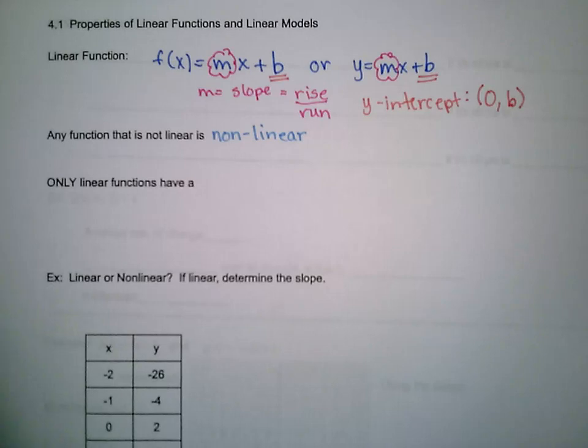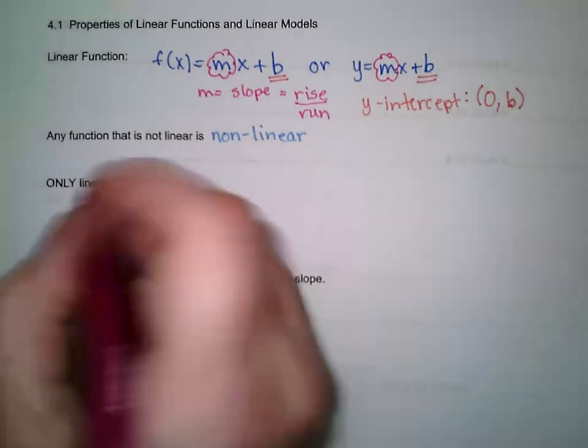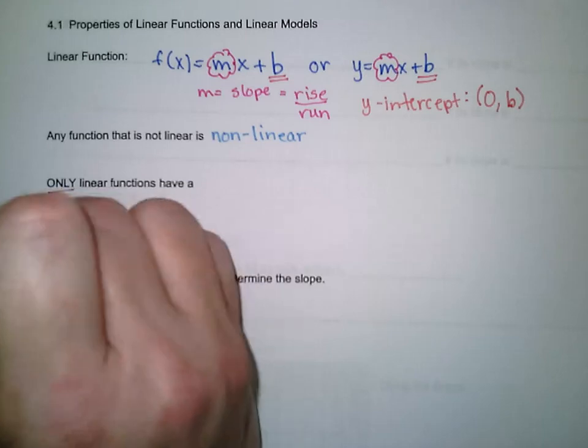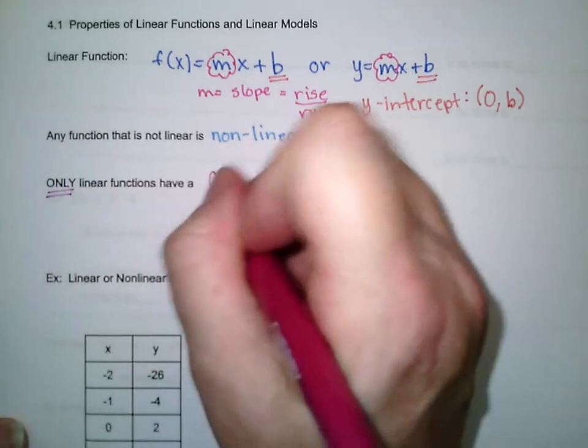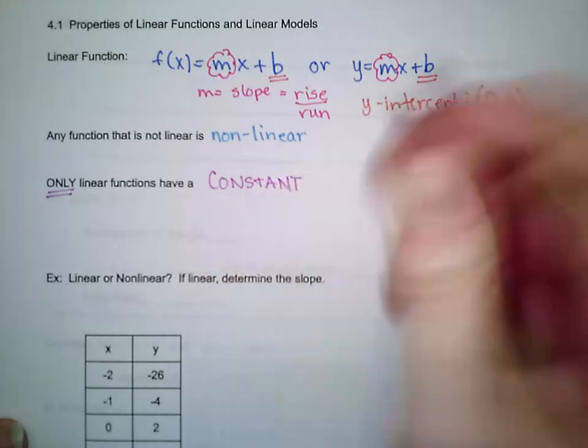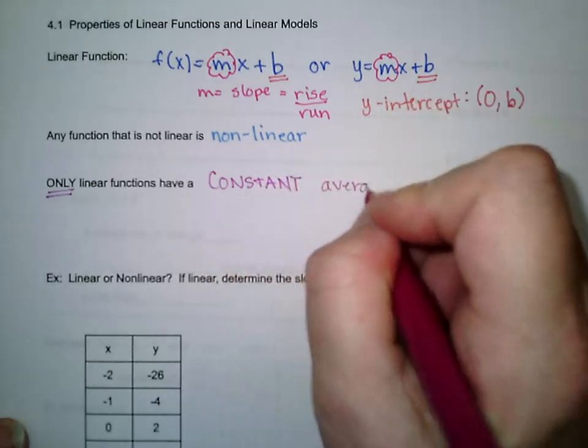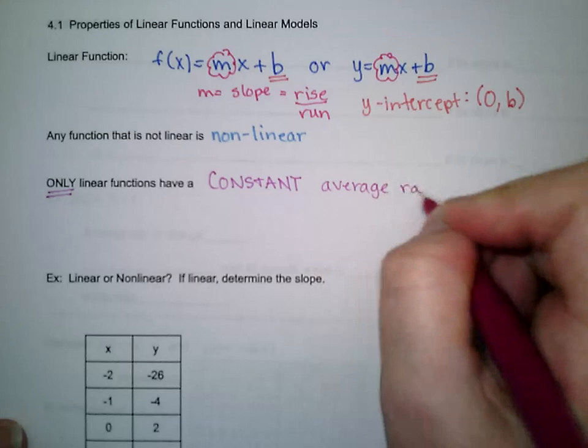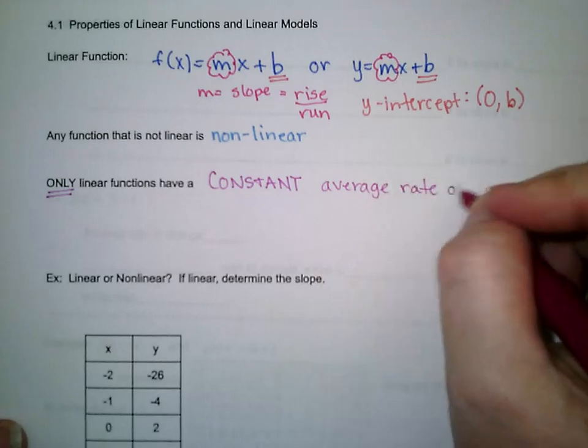Only functions that are linear are going to have a constant average rate of change. So only linear functions have a constant, which means it's the same every time, average rate of change. Average rate of change is a fancy word for slope.